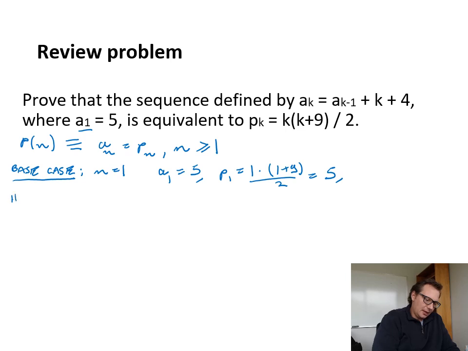Then we have our inductive hypothesis, and it's going to be that a of n is equal to p of n. And then we have our inductive step.